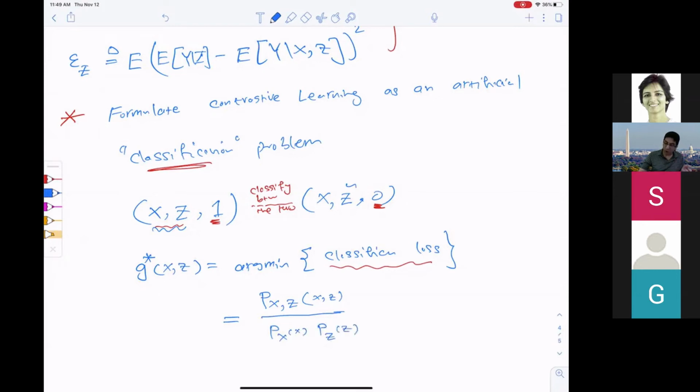That is the optimal G star that you can obtain.